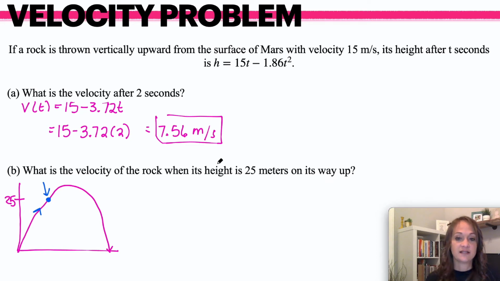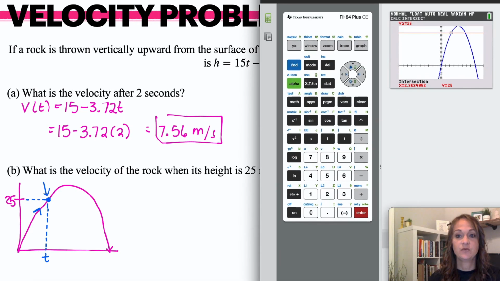Well, to find the velocity at a certain point, you need the x value. So we know the y value at this point is 25, but we need to know what is the x value, or in this case, because it's specifically about a rock, we want to know what is the t value at that point. So what we are going to do is graph this function.